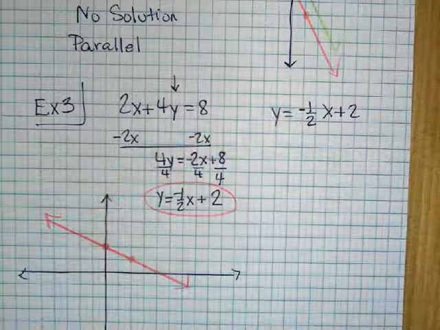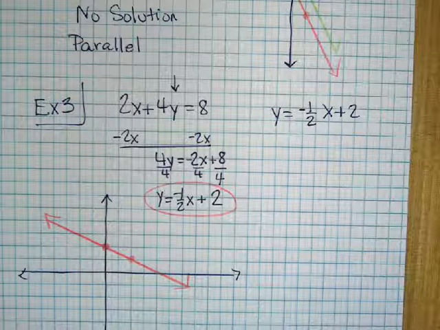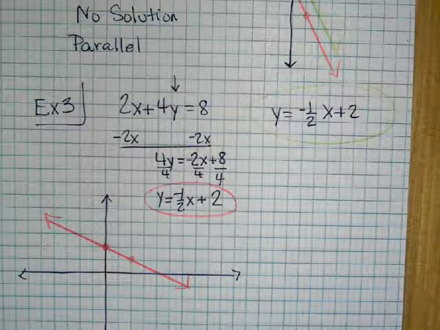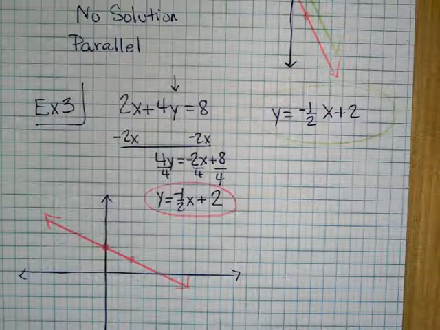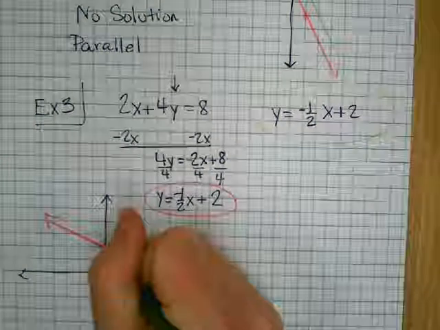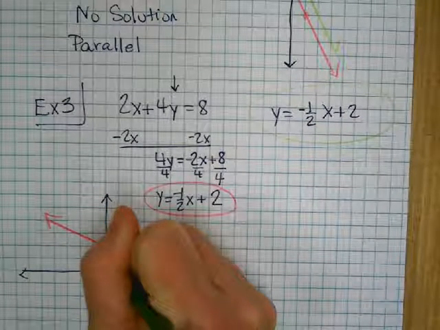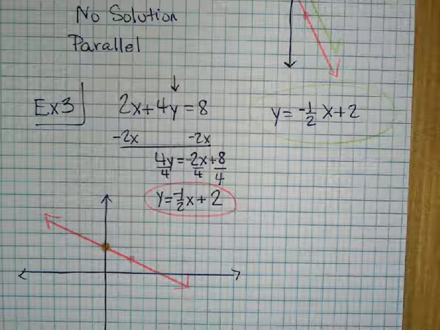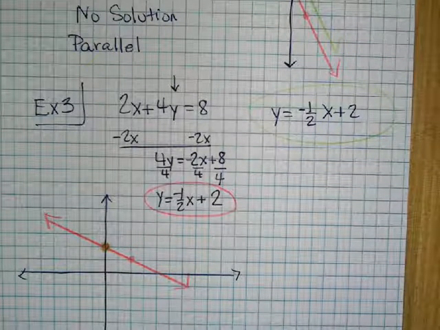Okay. Now we're ready for the green. Where do you start on the green? 2? Oh, okay. Well, guess what? I figured out that's a point they have in common, right? Sometimes the y-intercept is where they meet.